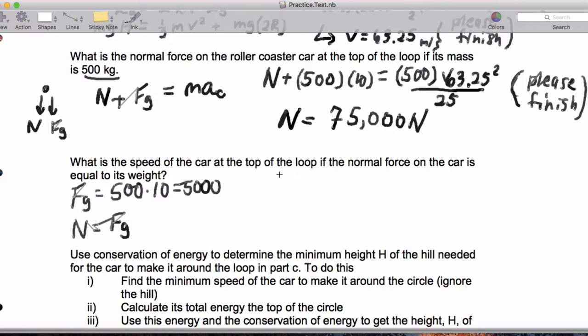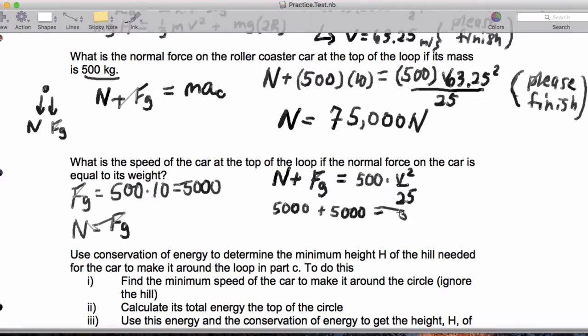Sorry, let me write out the full equation. N plus Fg equals, and then we'll end up getting 500 times AC, which is v squared, divided by 25. So that's going to be 5,000 plus 5,000 equals 500.